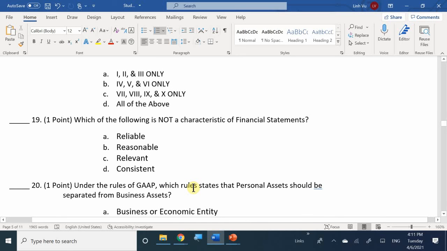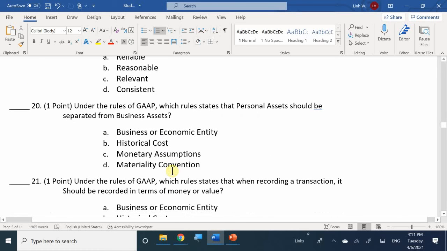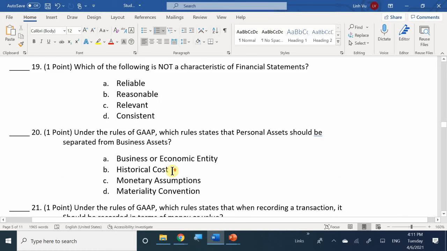Number 19. Okay, which of the following is not a characteristic of financial statements? B, reasonable. Yes, it is definitely not reasonable. Number 20.